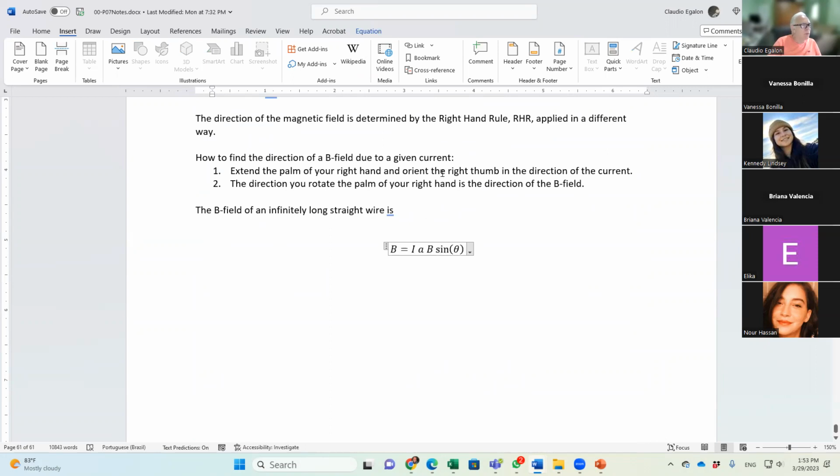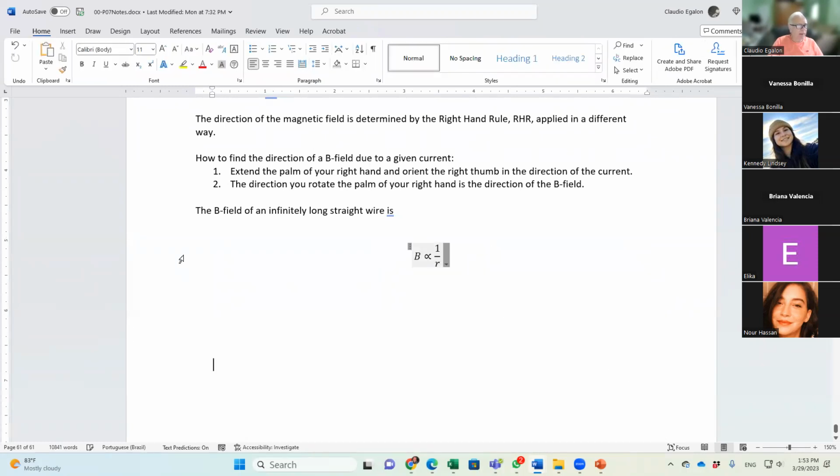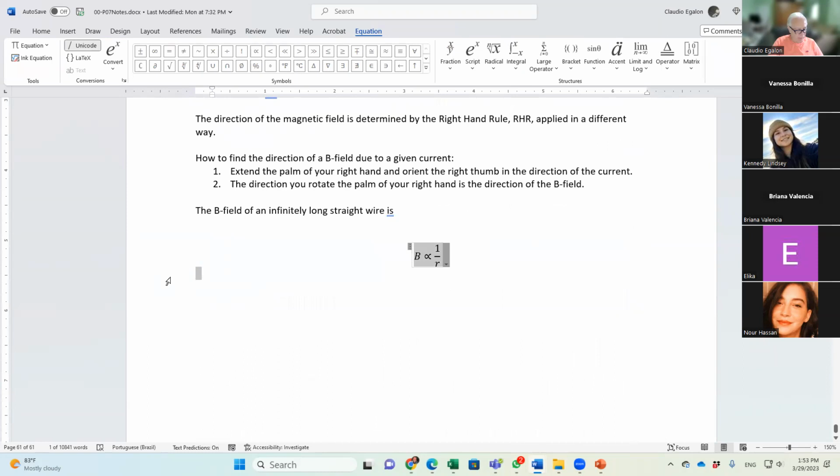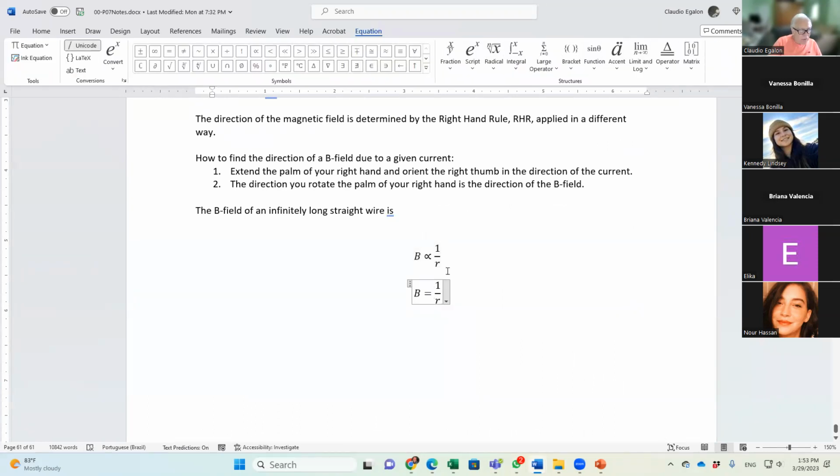What you should memorize is just the proportionality. That's the important thing that you have to memorize. The rest is just constants.